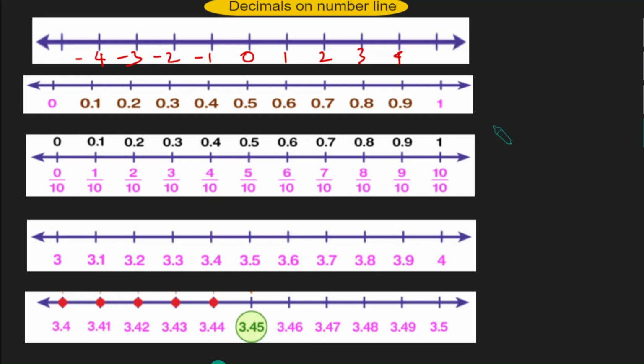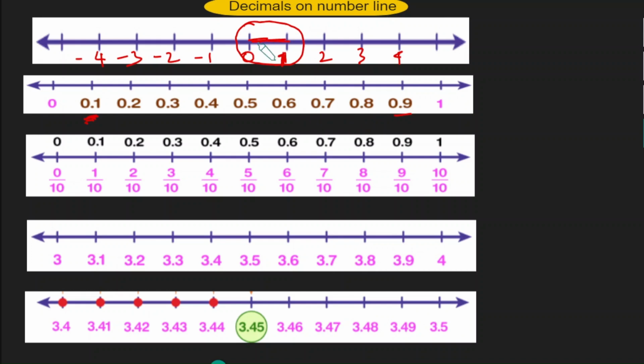A decimal number from point 1 to point 9 is lying between 0 and 1. Here we have shown 0 and 1 on the number line, which is very small in area. So in this we cannot put these decimal numbers if we have to show them. So we have to enlarge that area.